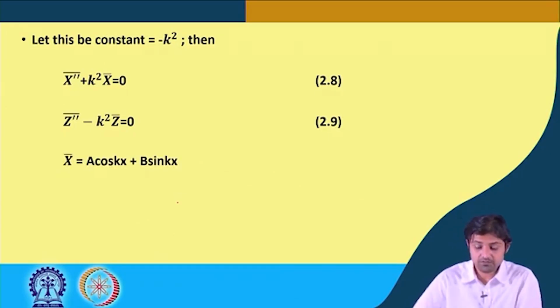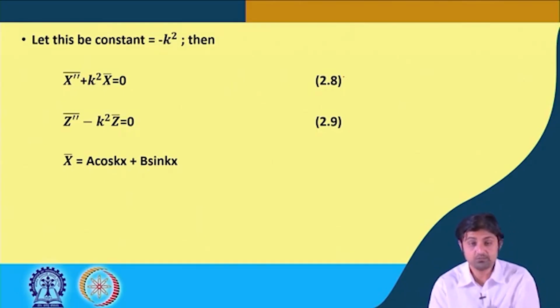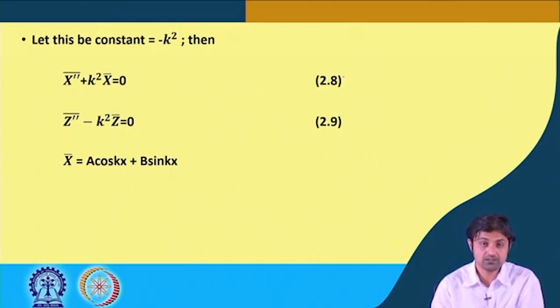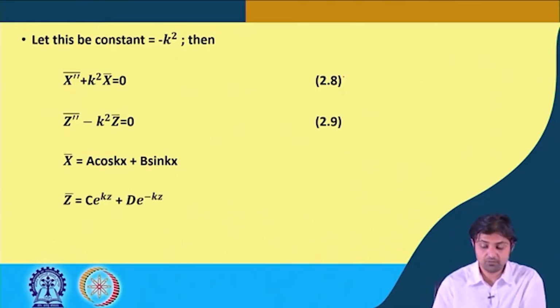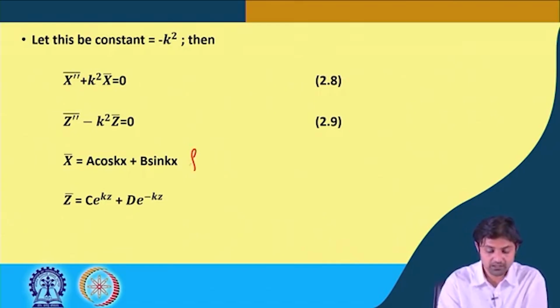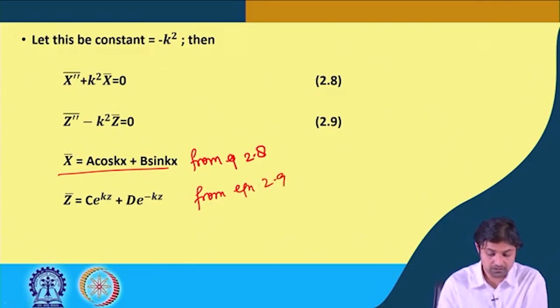So, X bar from 2.8 can be written as a cos kx plus b sin kx. Whereas, Z from equation number 2.9, the solution to equations of this type is here.